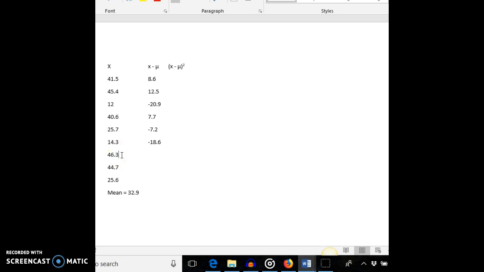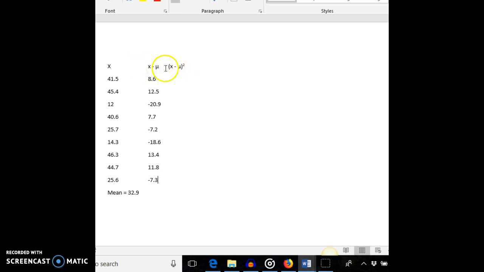And 46.3 minus our 32.9 gives 13.4. And 44.7 minus 32.9, 11.8. And finally, 25.6 minus the 32.9 gives us negative 7.3. Now, notice I've made a third column, which is to take x minus our mean squared.